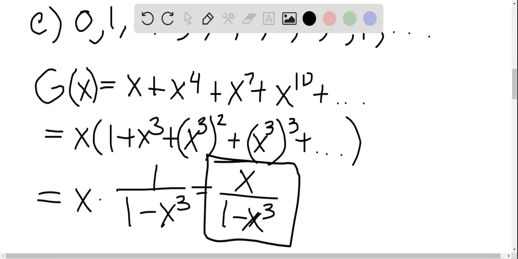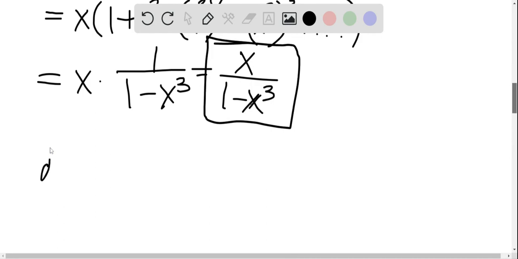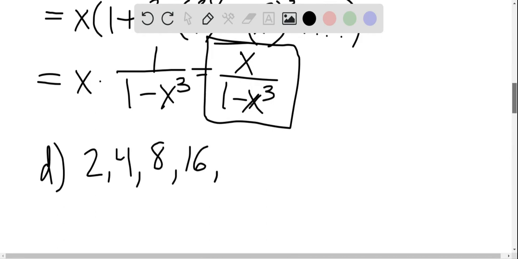In part D, we are given the sequence 2, 4, 8, 16, 32, and so on.